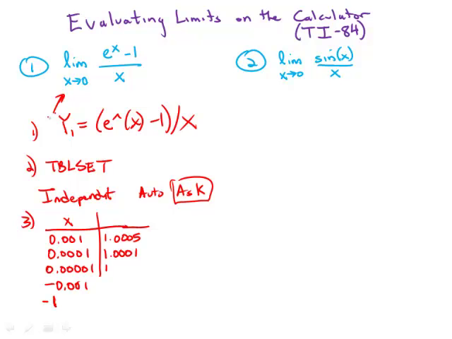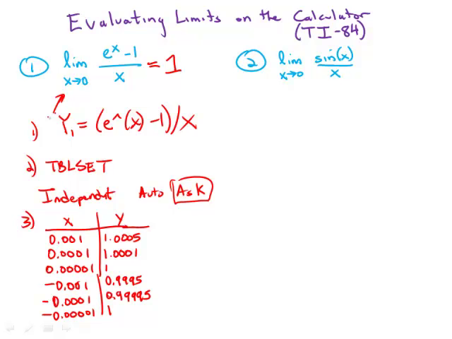So we plug in negative 0.0001, negative 0.00001, and similarly we get numbers like 0.9995, 0.99995, and then 1. In other words, it looks like as we get closer and closer to 0 in either way, the y gets closer and closer to 1. So this is technological proof that this limit actually equals 1.